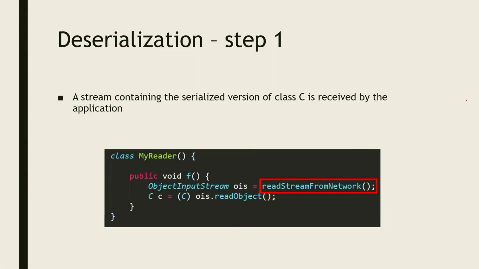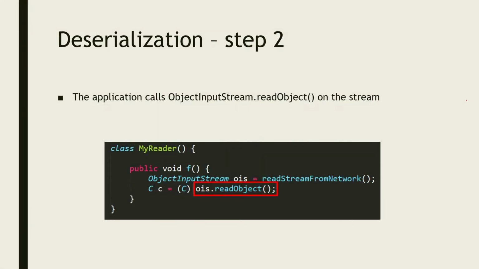We're going to assume here that the network gives us a serialized version of class C and nothing malicious or strange. So we get this object C, and we are going to read the object using ObjectInputStream.readObject.